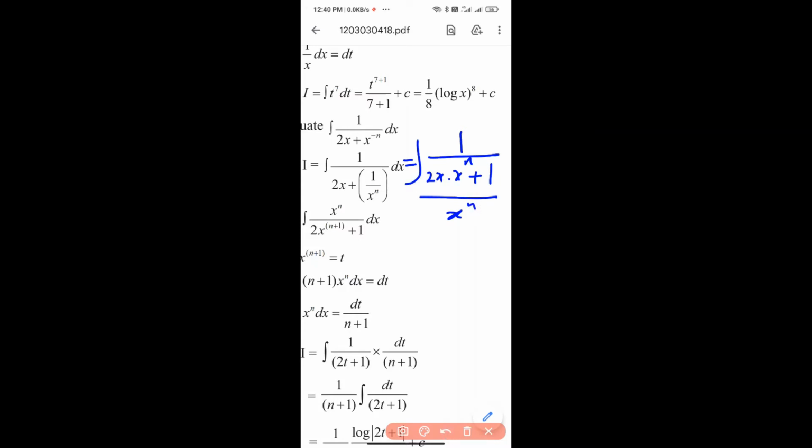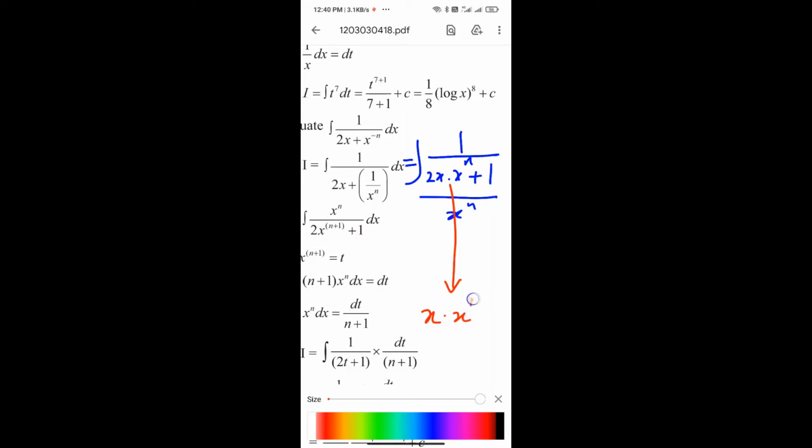Okay, now see this x into x raised to n is basically x raised to 1 into x raised to n. We know the rules of indices. This x is called the base in rules of indices, and this 1 and n are called powers. Now if the base is same and there is multiplication, we have to add the powers.